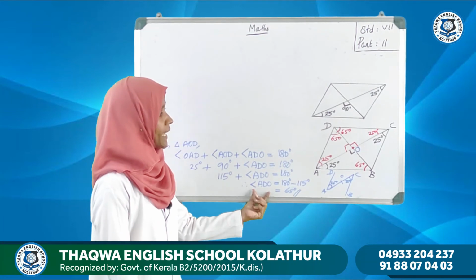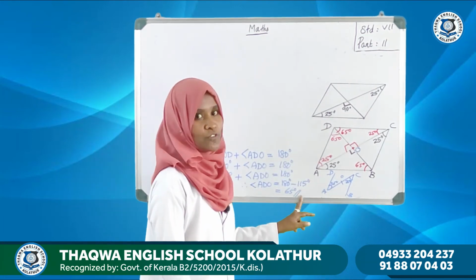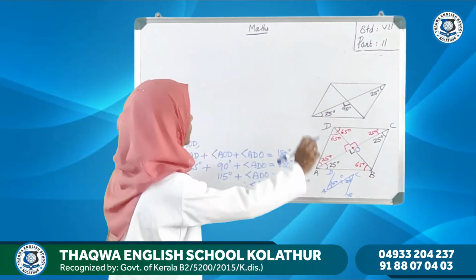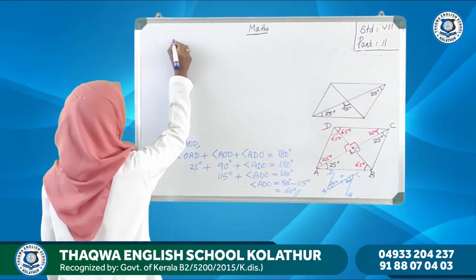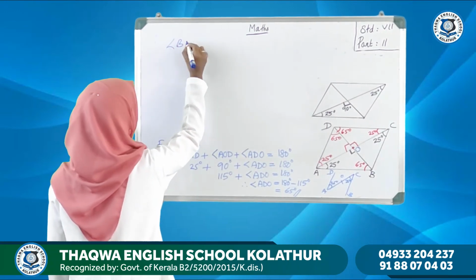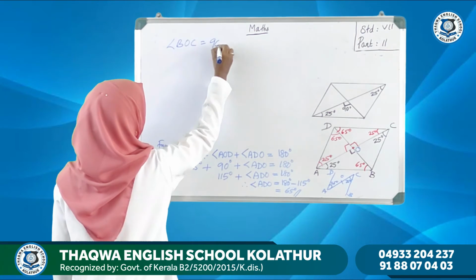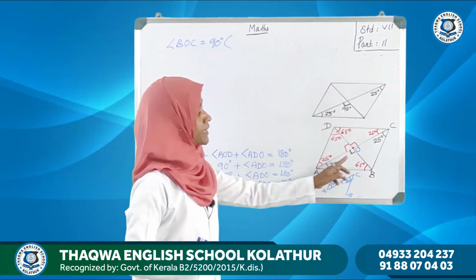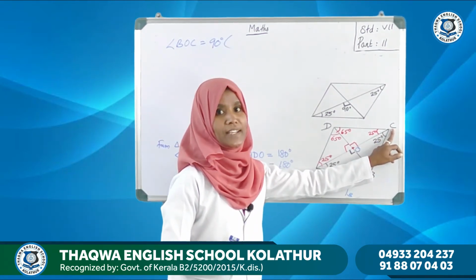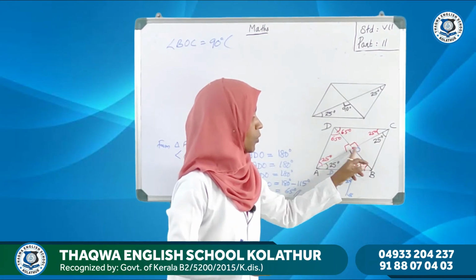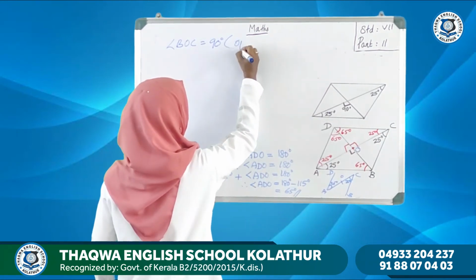Angle ADO is 65 degrees. Now, angle BOC is 90 degrees. What is the reason? Opposite angles.